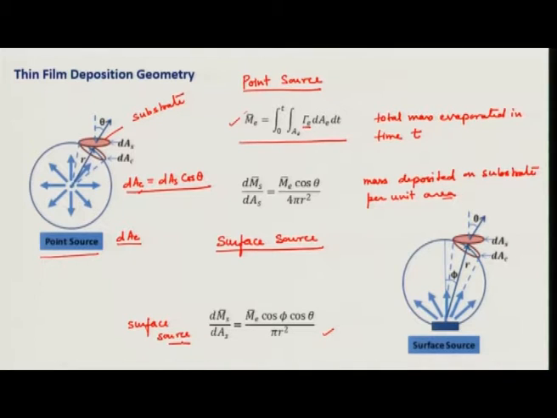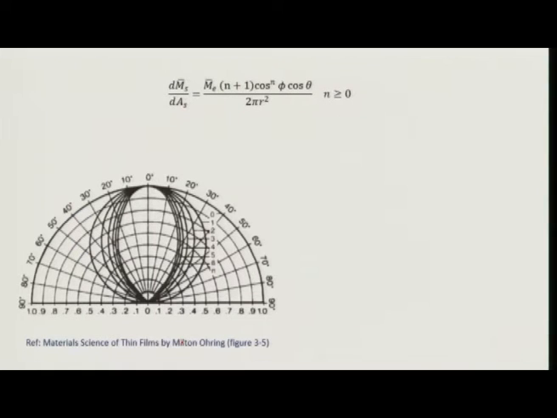In general, for any given source, the expression is given like this, where n is a measure of directionality.